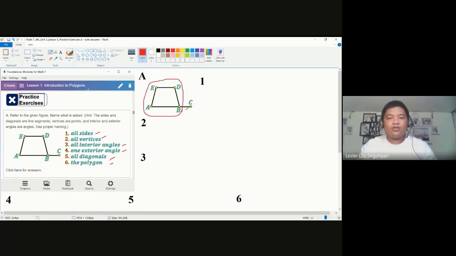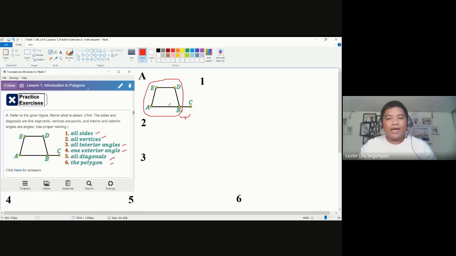The extension for this side here is not part of the polygon because, as we define a polygon as a closed plane figure composed of interconnected straight line segments, this line segment here is just an extension of line segment AB, coming up with an exterior angle which we are going to name in number 4 later. So our concern for the sides of the polygon is only the sides that are possible for this given figure here.